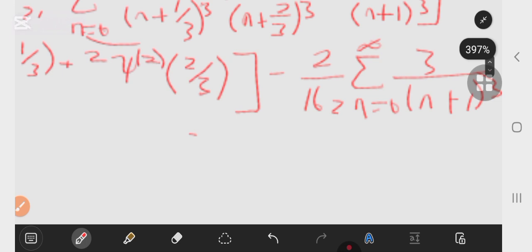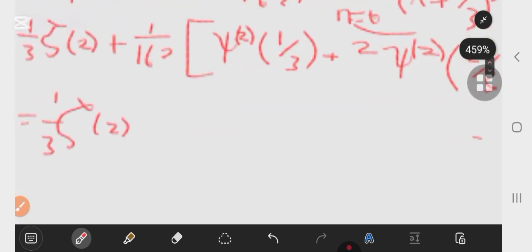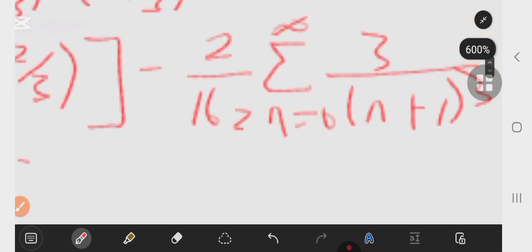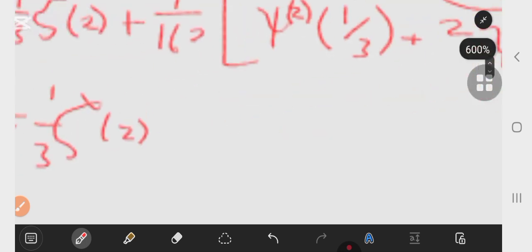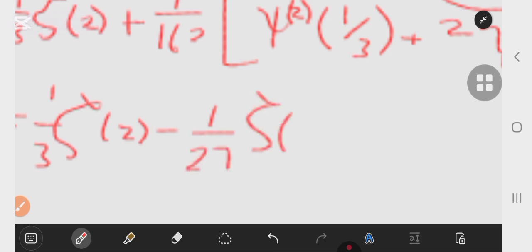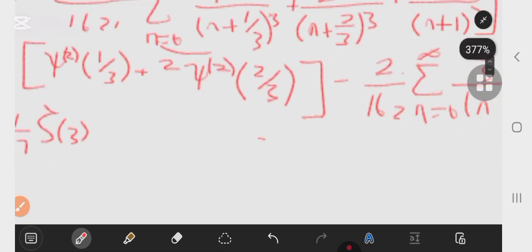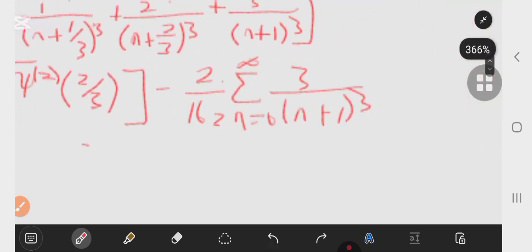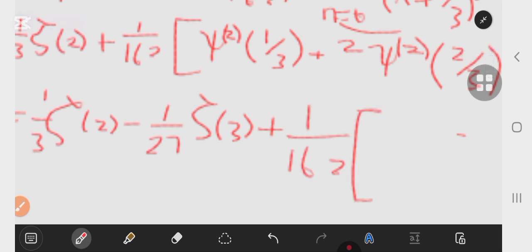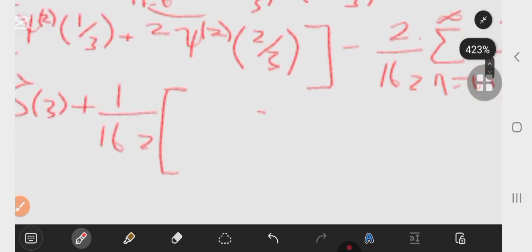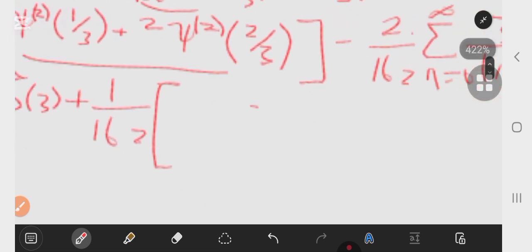So from here, 2 times 3 is 6, so 6/162 is equivalent to 1/27, then my zeta 3, because this sum is the same as the sum for zeta 3, then plus 1/162 multiplying this. Now let me simplify.